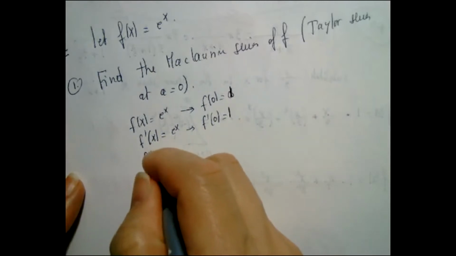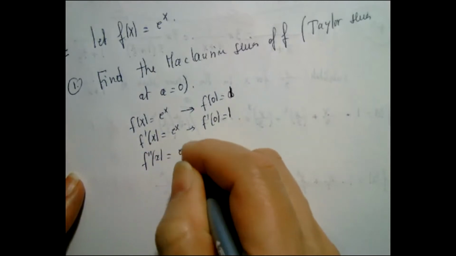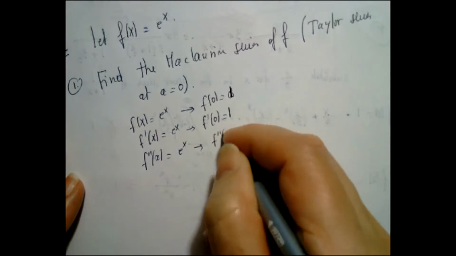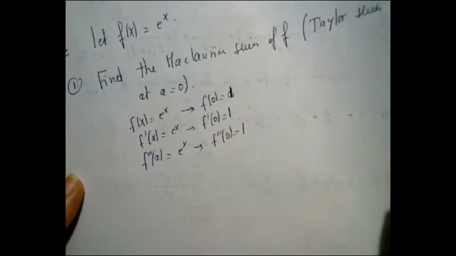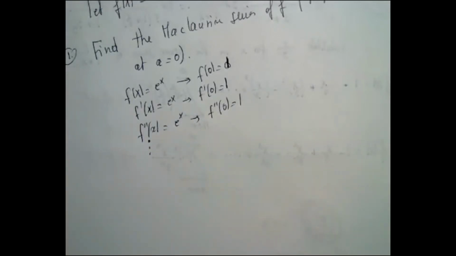Now the second derivative again, so that's what makes this series very easy. The second derivative at 0 is equal to 1. So on, et cetera. All the derivatives at 0 are 1 because the derivative is not changing.